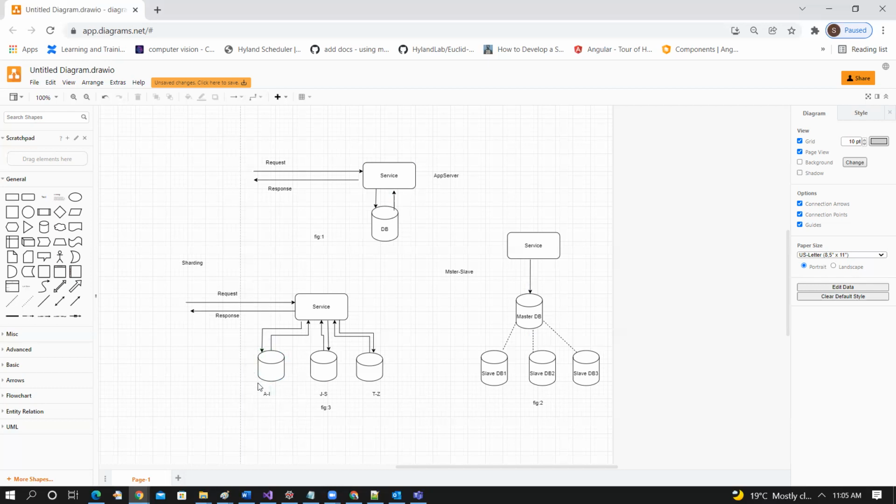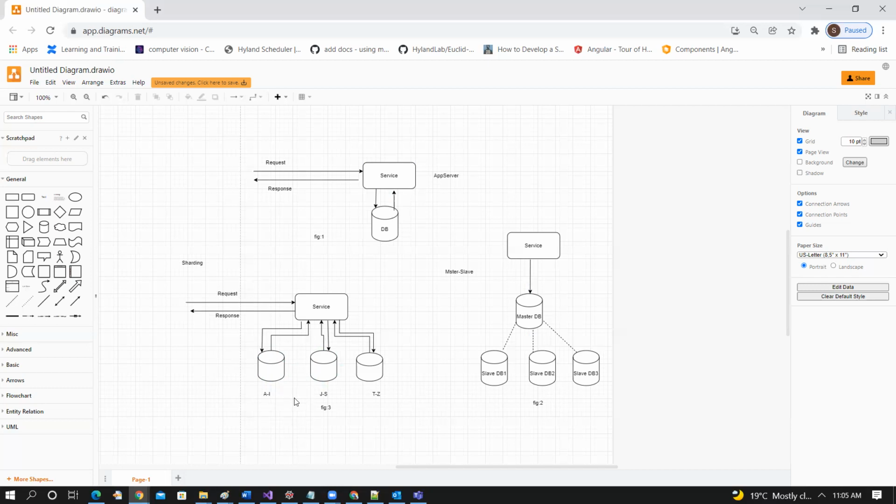So this database server has a huge load. That is called a hotspot. When you have a hotspot, most of the data is pushed into this instance, and it will have a heavier load, which, from a design perspective, is not good.